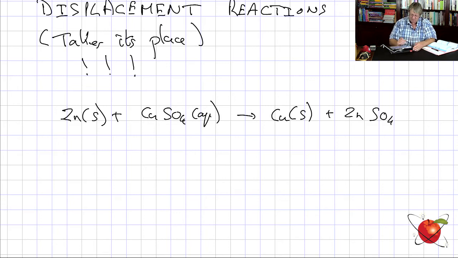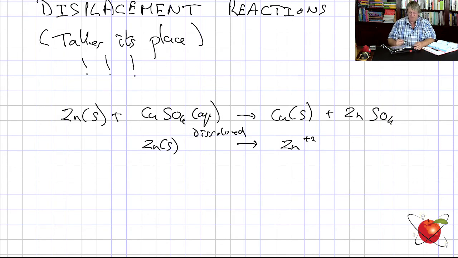What happens here now? Well, let's just look at separate reactions. What did the zinc do? The zinc solid changed to what? It changed to Zn+2. It dissolved. It went from solid to an ion, didn't it? That's what dissolution is about, isn't it?